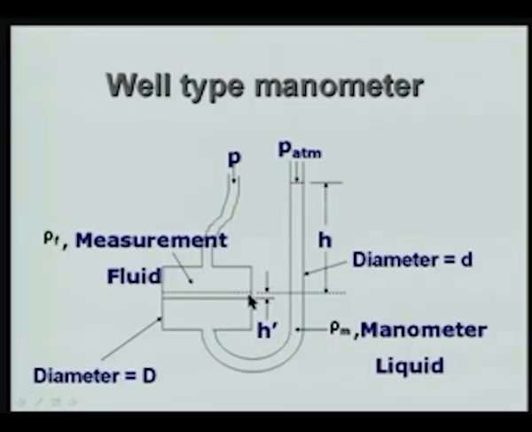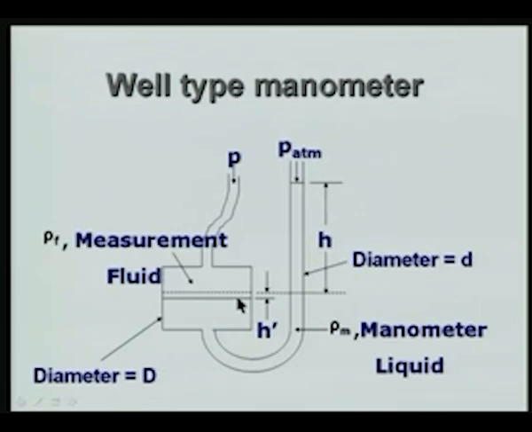H prime is the depression in the well side, and H is the increase in height on the tube side. Again I am going to invoke the incompressibility argument, that the manometric liquid is incompressible.